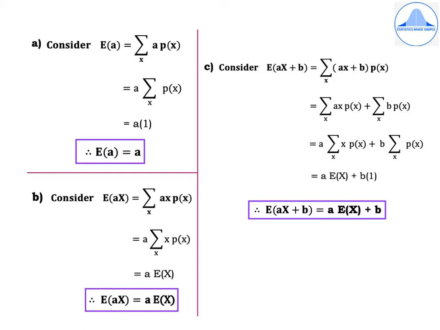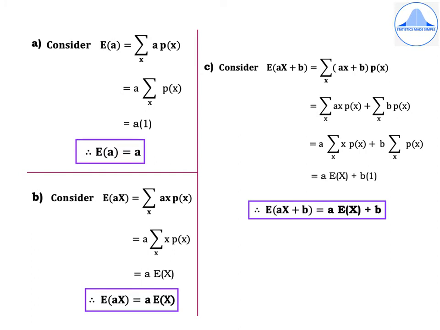So start with, consider E of ax plus b. This is equal to summation over x of (ax plus b). Because there are two terms, use a bracket now, into p of x. So in the next step, first within the round brackets, you take the first term, that is ax, and then multiply it with p of x.